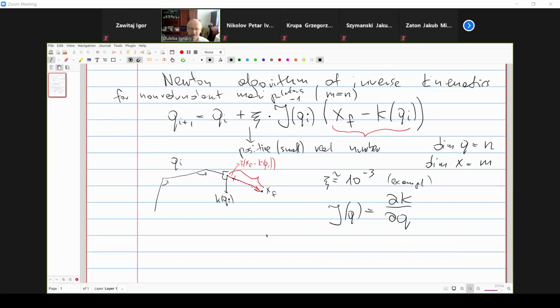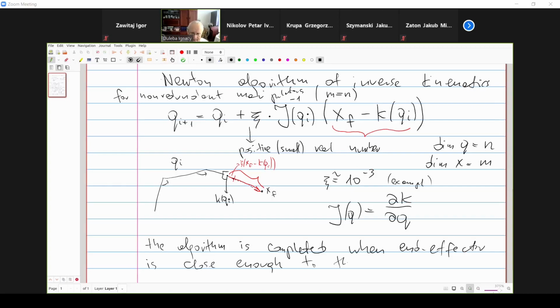So let's conclude this. The algorithm is completed when the end effector is close to the goal point.